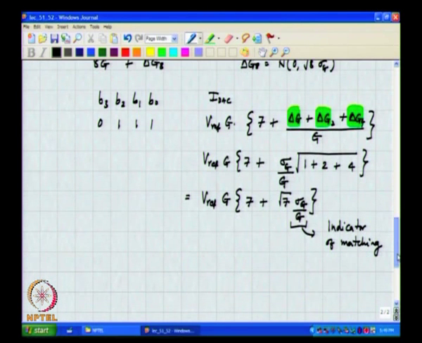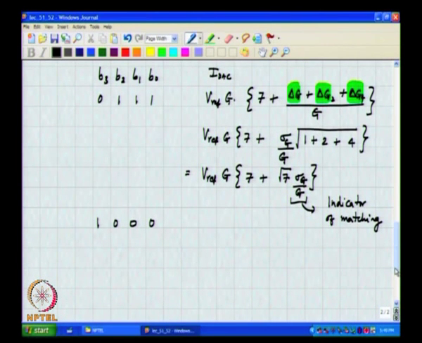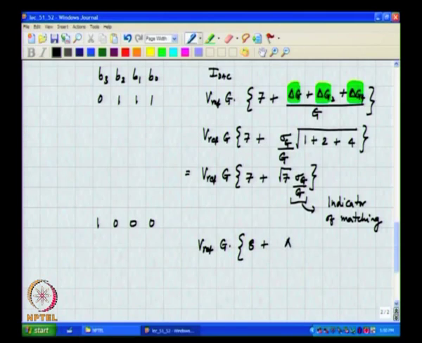Okay. Now, when the code is 1,000,000, what happens to IDAC? Vref times G times 8 plus delta G8 by G. Okay.